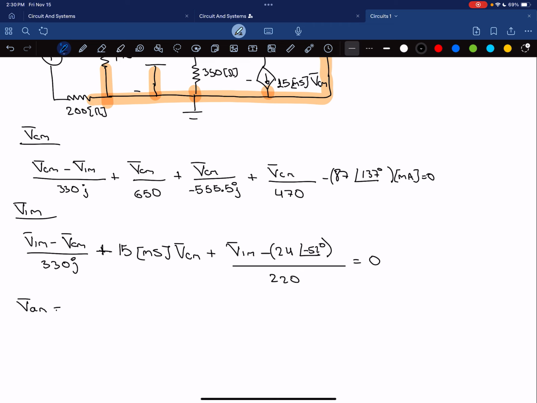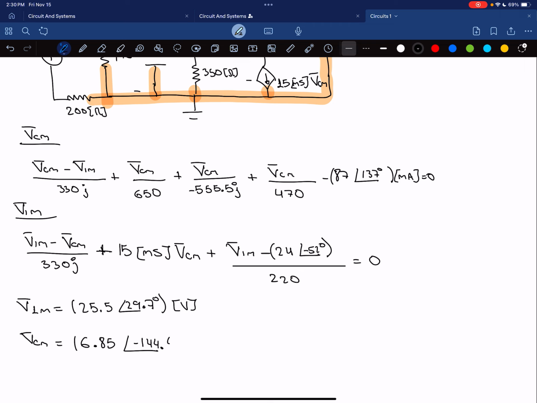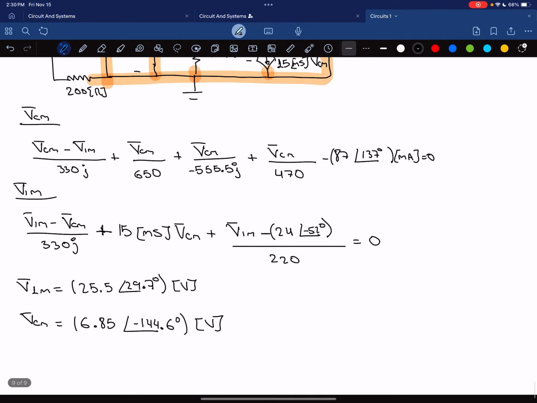B1M equal to 25.5 angle of 29.7 volts. And BCM should be 6.85 angle of negative 144.6. And this is volts.